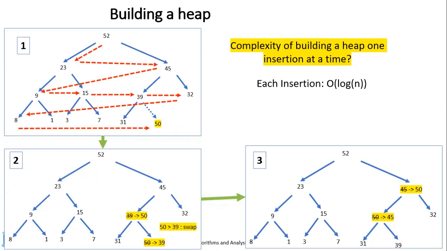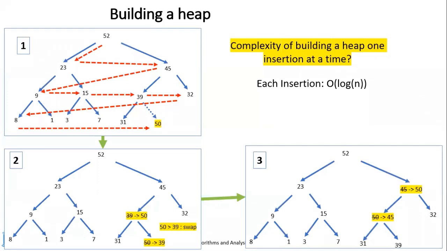And I think Logan had a response to that earlier. You said that if it was one element, it's going to be log of n, but if it was n elements, it's going to be n log n, simply because now you're building up the heap one element at a time. And as you can intuitively imagine, as you get to bigger and bigger heaps, each of those operations is going to take log n.